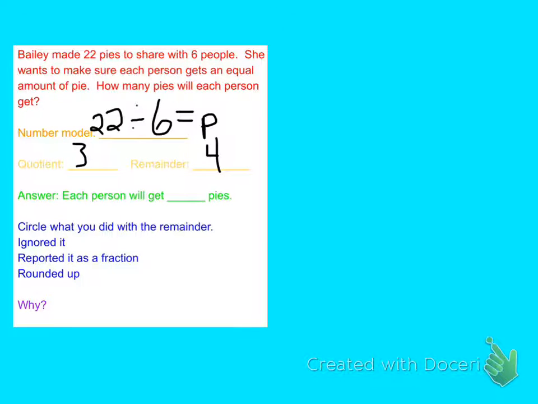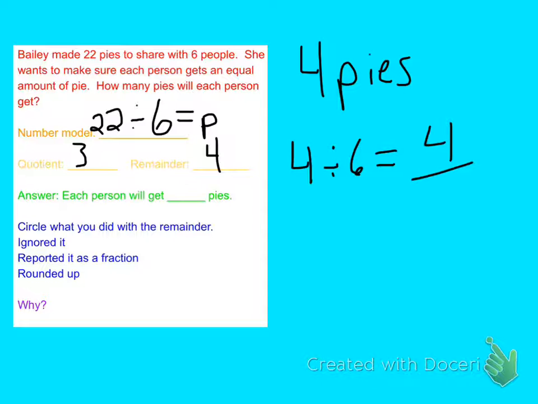Now, looking at that remainder, we still have 4 pies left over. And we don't want Bailey to throw those extra pies away, so we're going to split them between the 6 people. So if you remember, like we did yesterday, those 4 extra pies divided by the 6 people, you just write that as a fraction, 4/6.